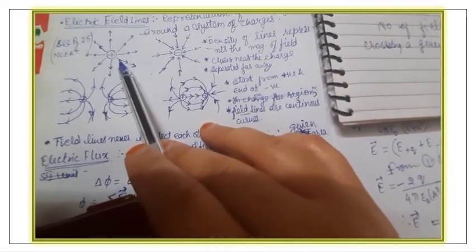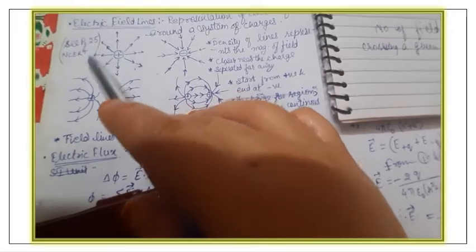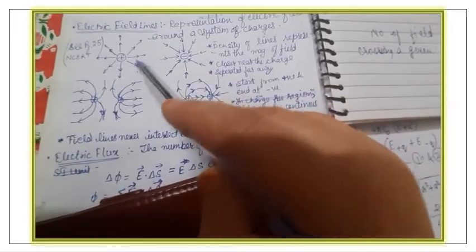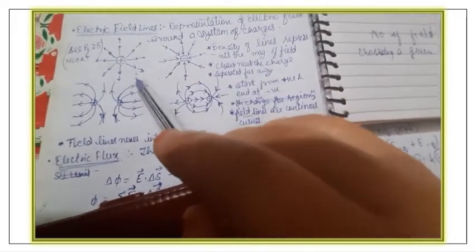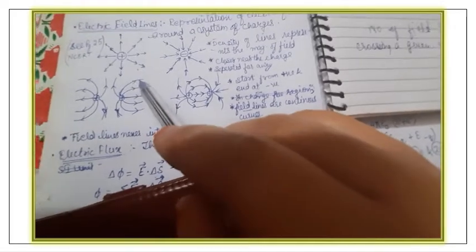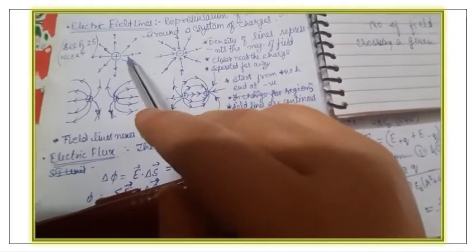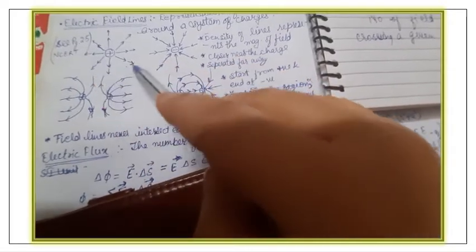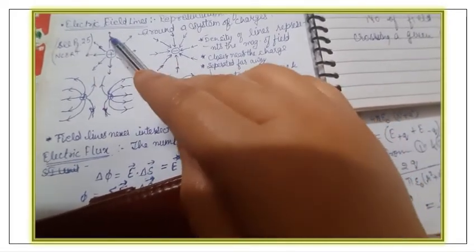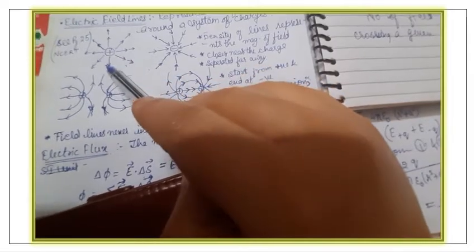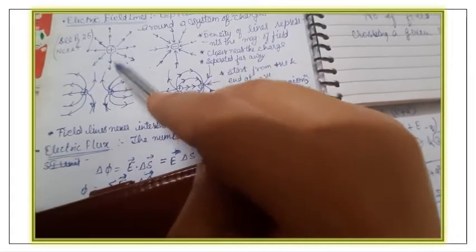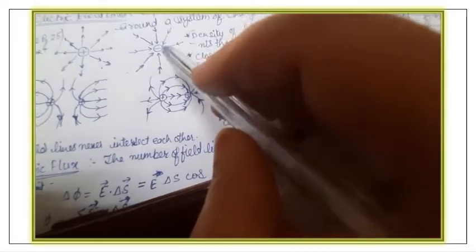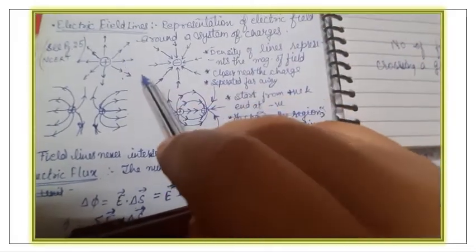For a single positive charge, electric field lines are radial and directed outward. Radial means when you draw a spherical surface around it, the electric field lines of the charge are along the radius to that surface. So radial, and directed outward.